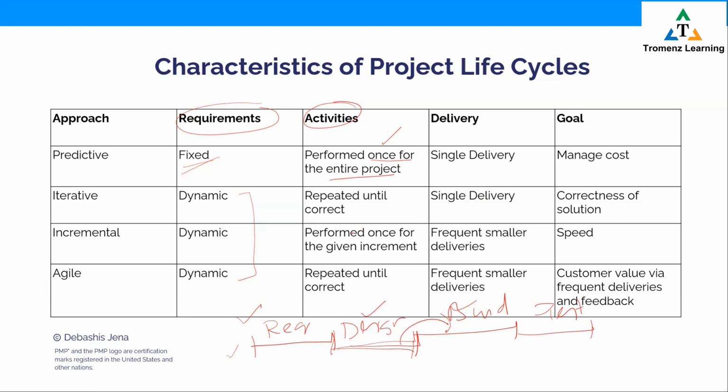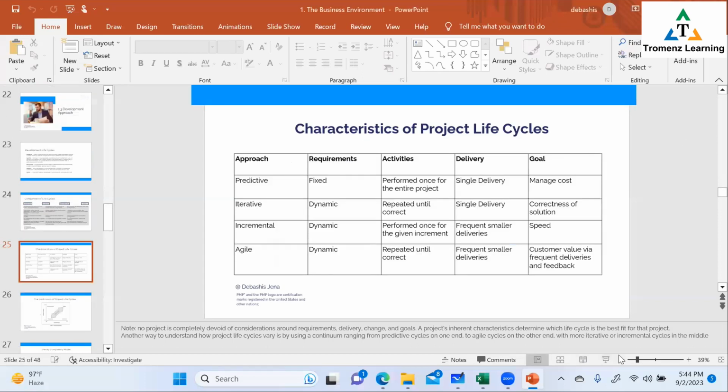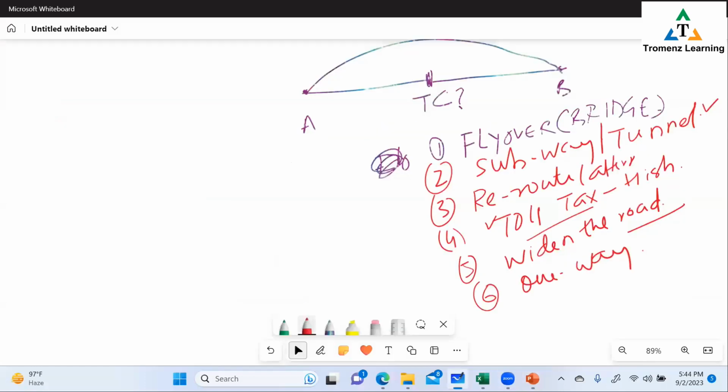And now look at incremental next. We'll come to iterative later. Here also once, but the difference is here it's once for the given increment, not the entire project. Meaning, in case of incremental, let me use this space.